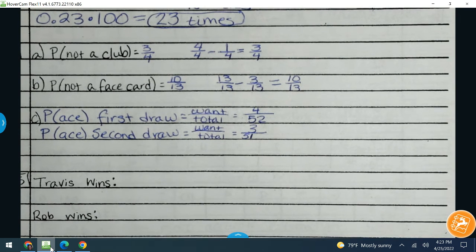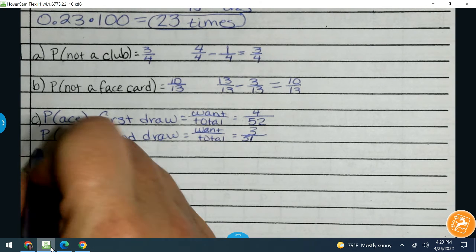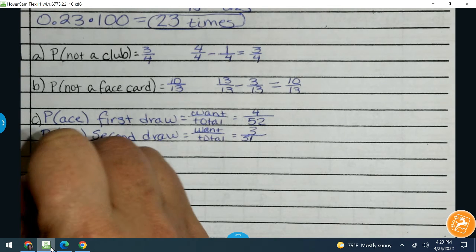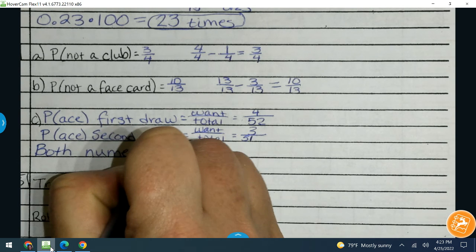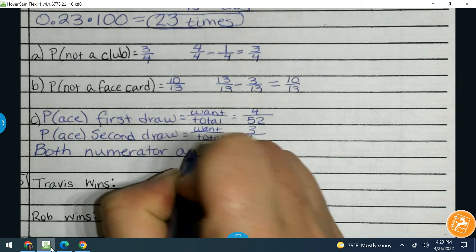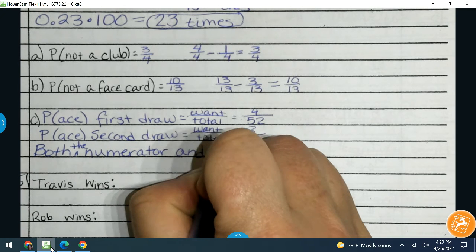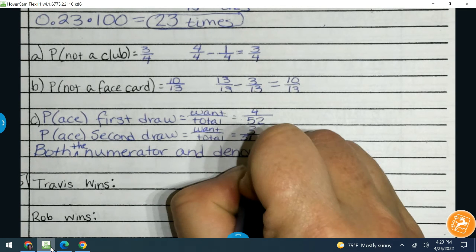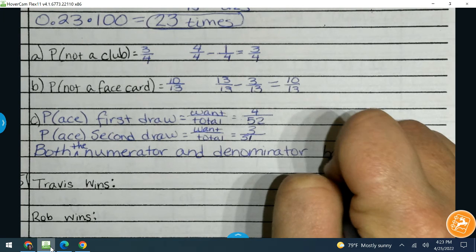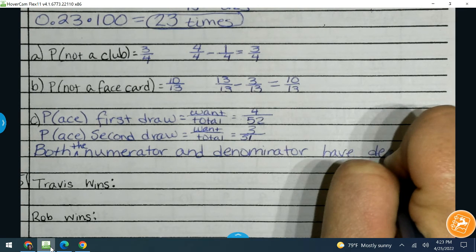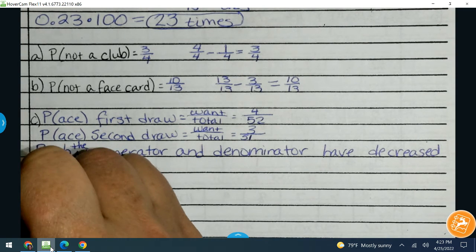We're going to write what happens on that second draw. What's the difference between the two? For this, both the numerator and the denominator have decreased by 1.